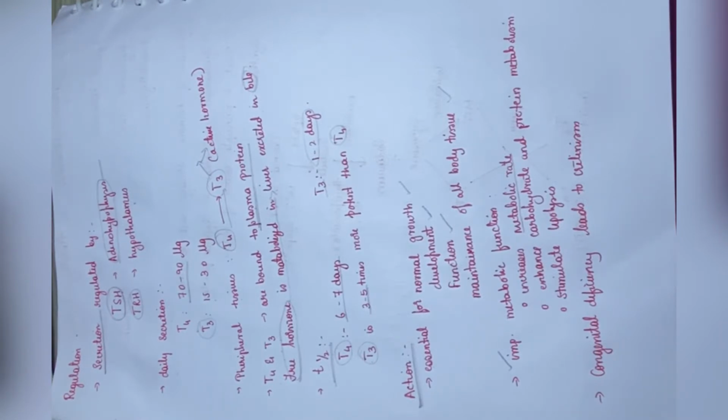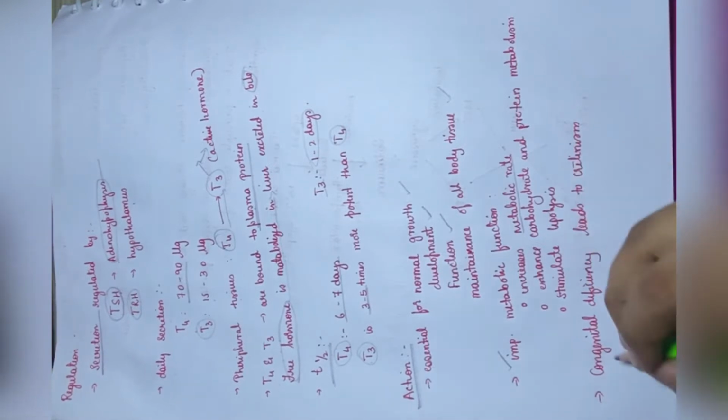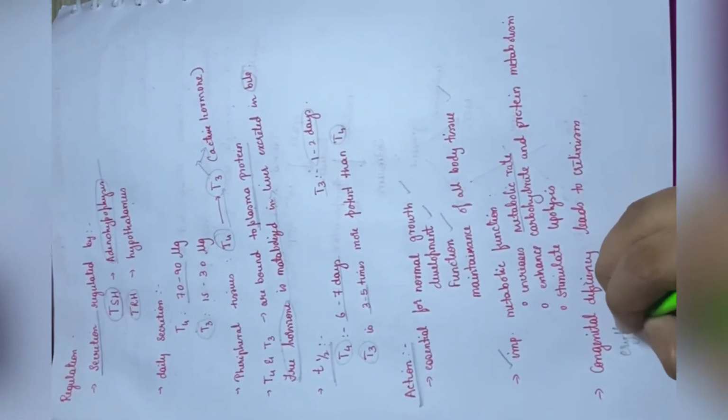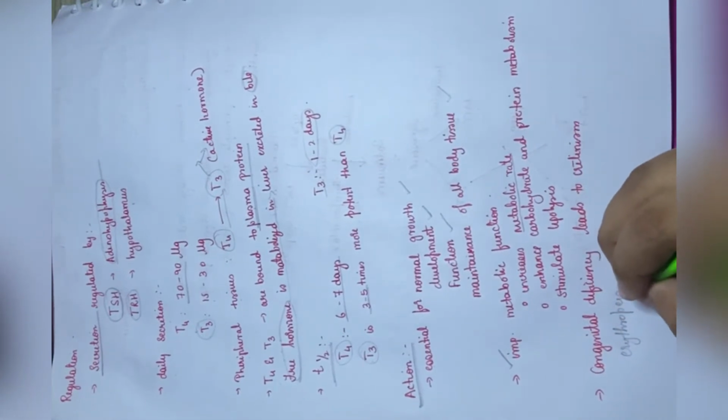If there is a congenital deficiency in thyroid hormone, it will lead to cretinism. Thyroid hormone also stimulates erythropoiesis, and it is also essential for normal functioning of the CNS, skeletal muscle, cardiovascular system and GIT.